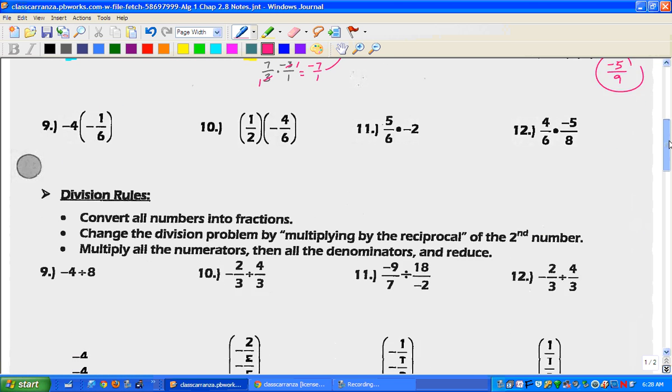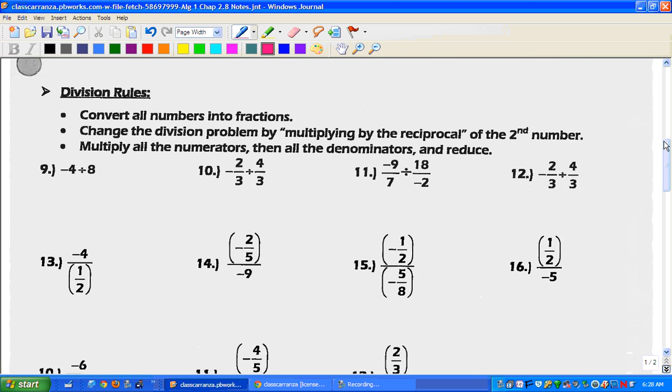All right, let's move down to division. For division, convert all numbers into fractions, and we are going to change the division into multiplying by the reciprocal of the second number. And then you're going to do the same thing as before, multiply the numerators and then the denominators.